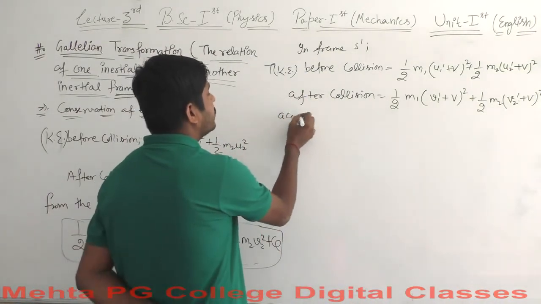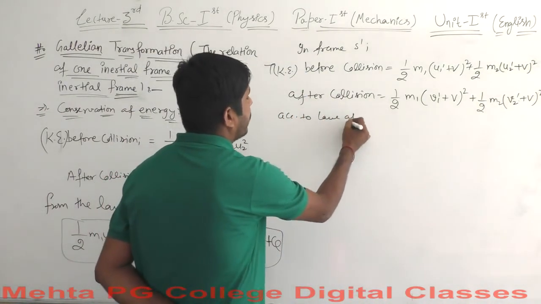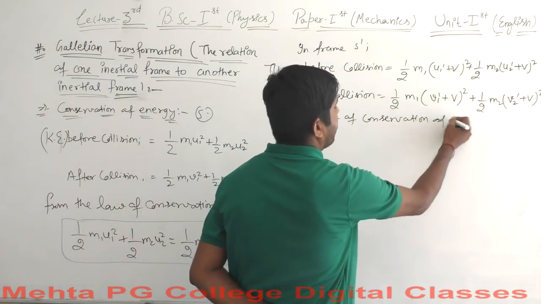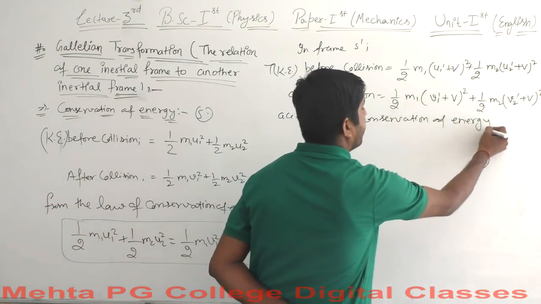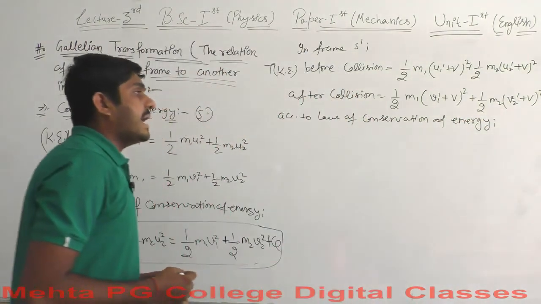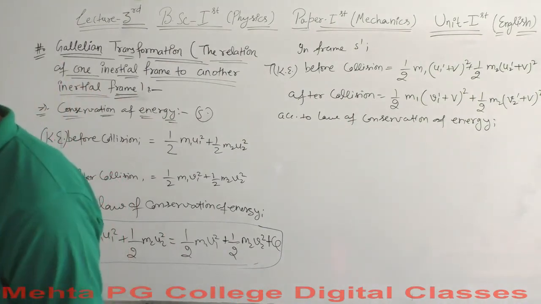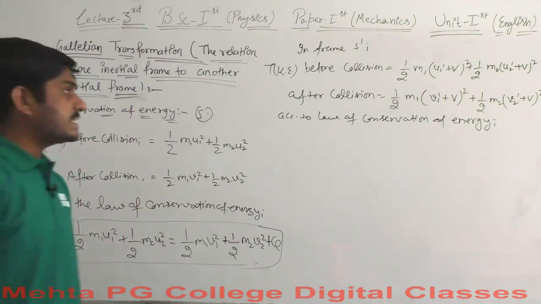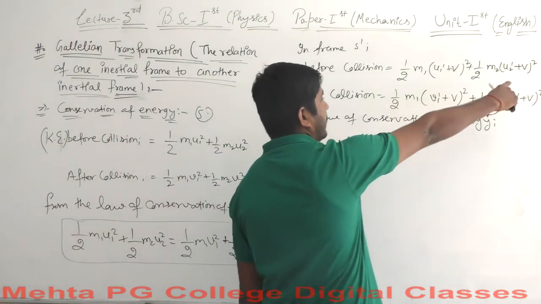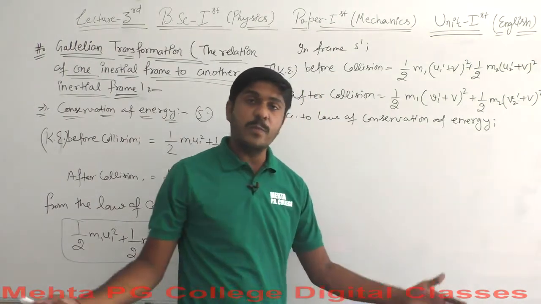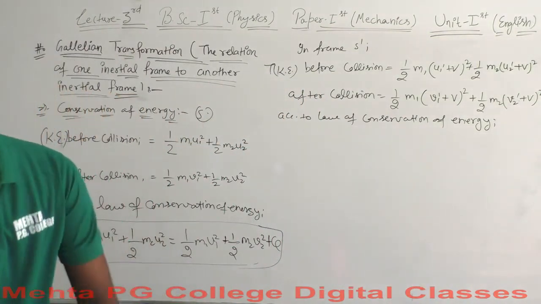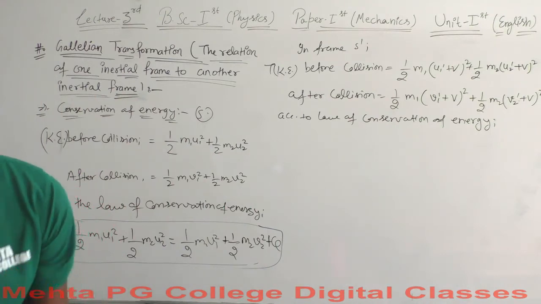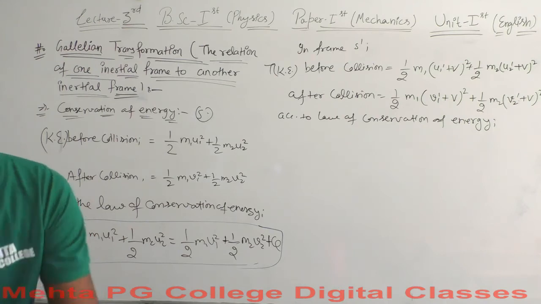So according to the law of conservation of energy, the values for V will be cancelled out on both sides, and we will end up having half u1 square.